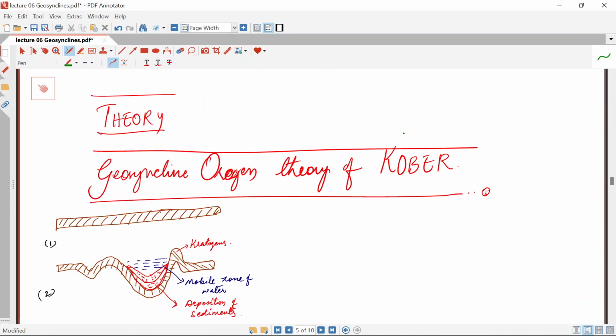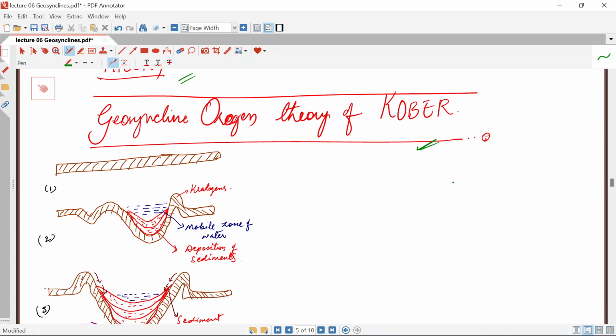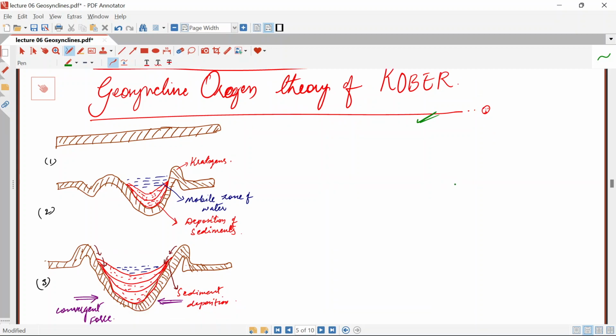So next we'll see the basic theory involved in geosyncline. The first theory about a geosyncline was given by Mr. Kober. Kober said that the origin of mountains is on the basis of geosyncline theory.